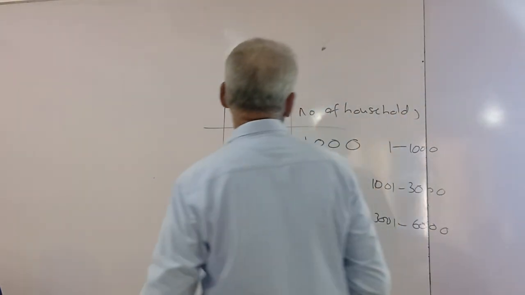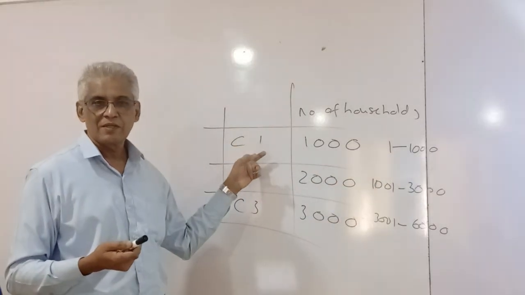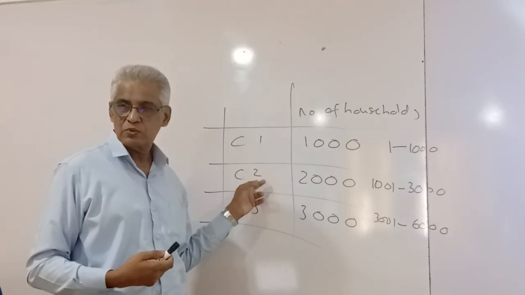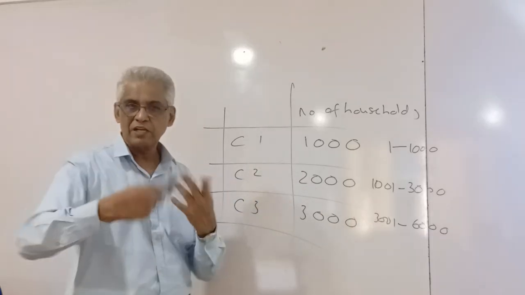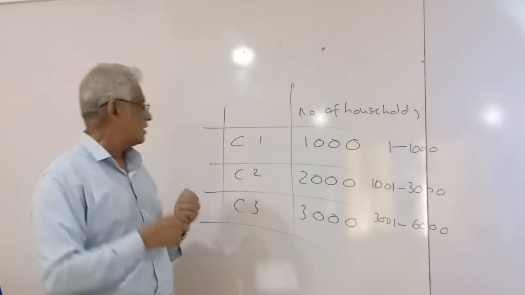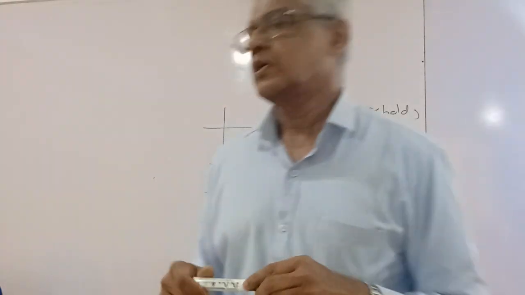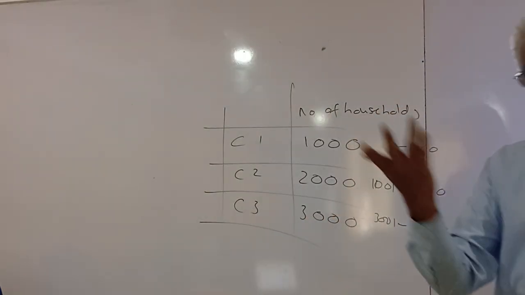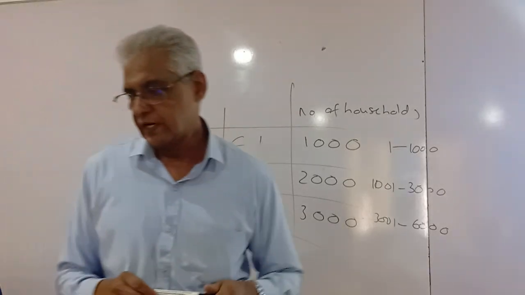If my number is between 1 and 1000, I will select C1. If my number is between these two, I will select C2. If my number is between these, I will select C3. That will guarantee that the probability of any of these being selected, where one has to be selected, is proportional to the number of households. So that's a very simple method. They use something like that.